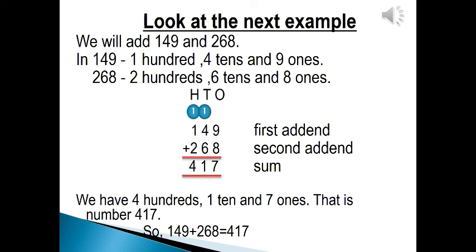Now add hundred column. 1 plus 1 is equal to 2 and 2 plus 2 is equal to 4. We have 7 ones, 1 ten and 4 hundreds. That is the number 417. So 149 plus 268 is equal to 417.